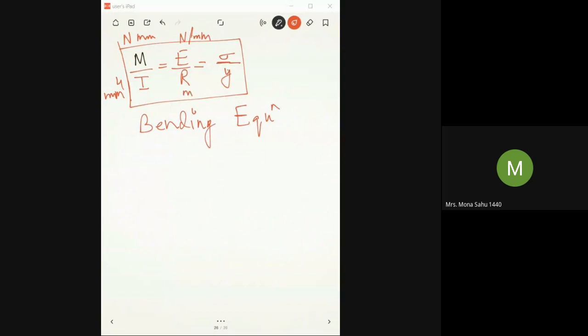R is mm. Sigma is also Newton per mm square. Y is mm. Keep this in mind.